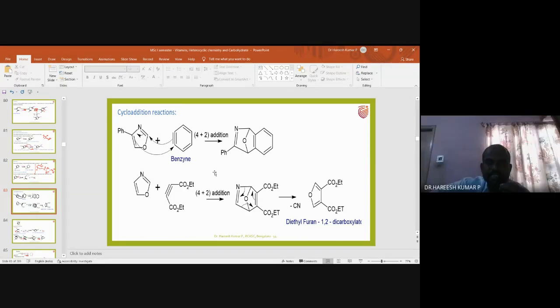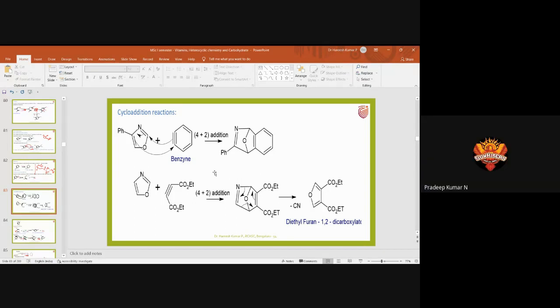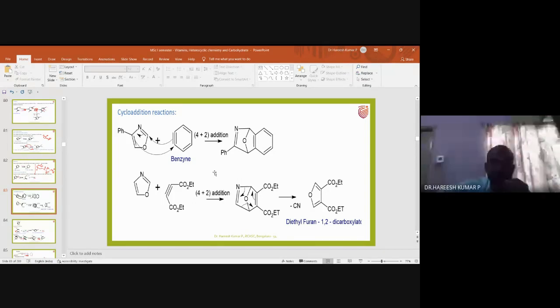The Diels-Alder reaction is an example of 4 plus 2 cycloaddition. Diels is a scientist, and Alder was his student. Diels was the PhD supervisor of Alder, and Alder got a Nobel Prize for this invention of 4 plus 2 cycloaddition.